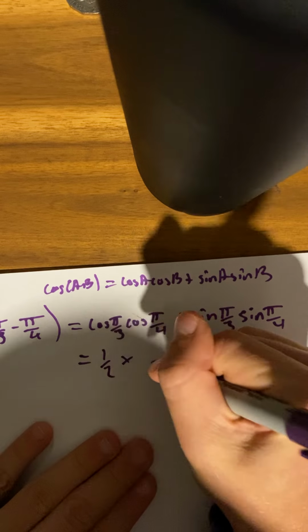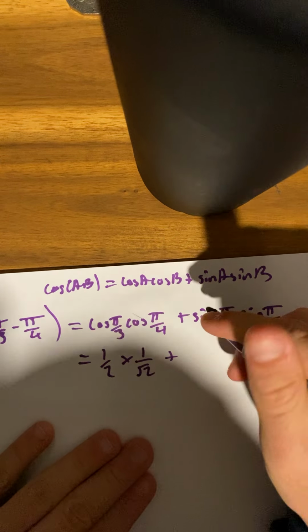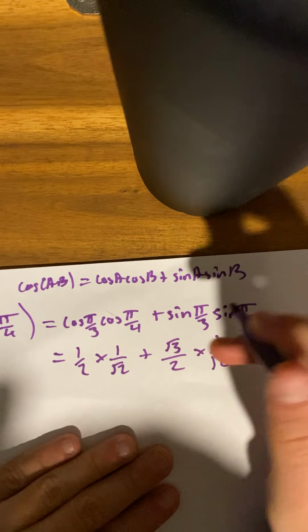and then cos pi on 4 is 1 on root 2, plus sine of pi on 3 is root 3 on 2, and then sine of pi on 4 is again 1 on root 2.